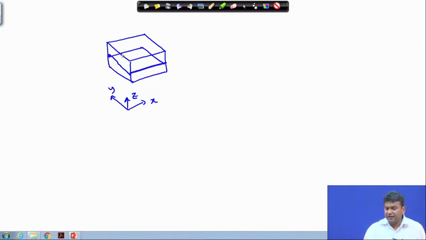So, this is an xy plane if you follow the coordinates.